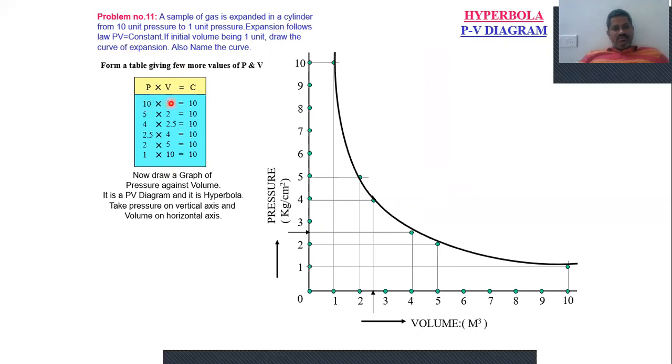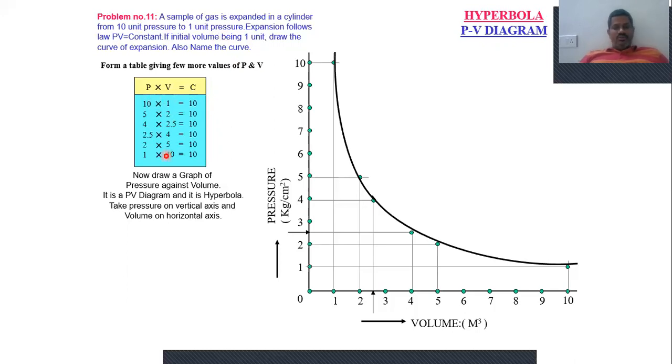If the pressure is 10, the volume will be 1, so the constant will be 10. If the pressure is 5, the volume is 2, to get 10. So this constant value should be 10, because the initial pressure P1 is 10 and the initial volume V1 is 1, so 10 into 1 gives the constant 10.